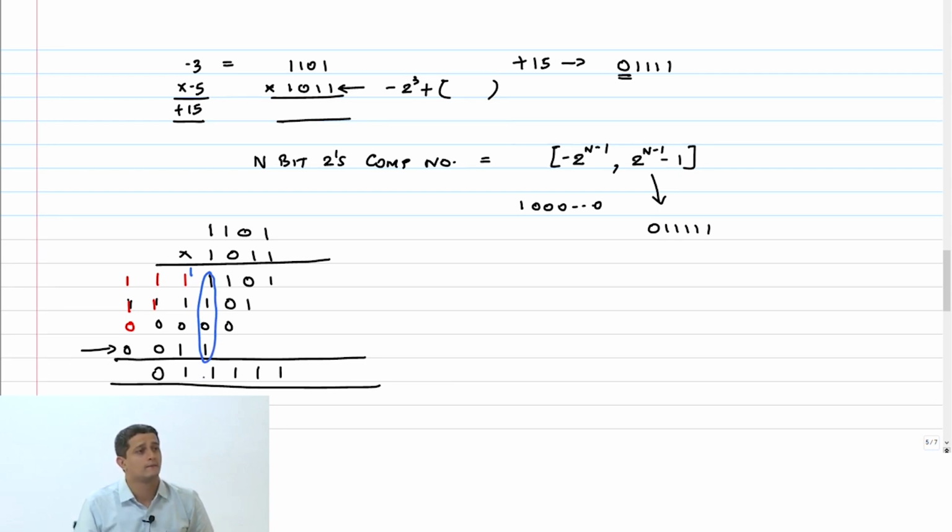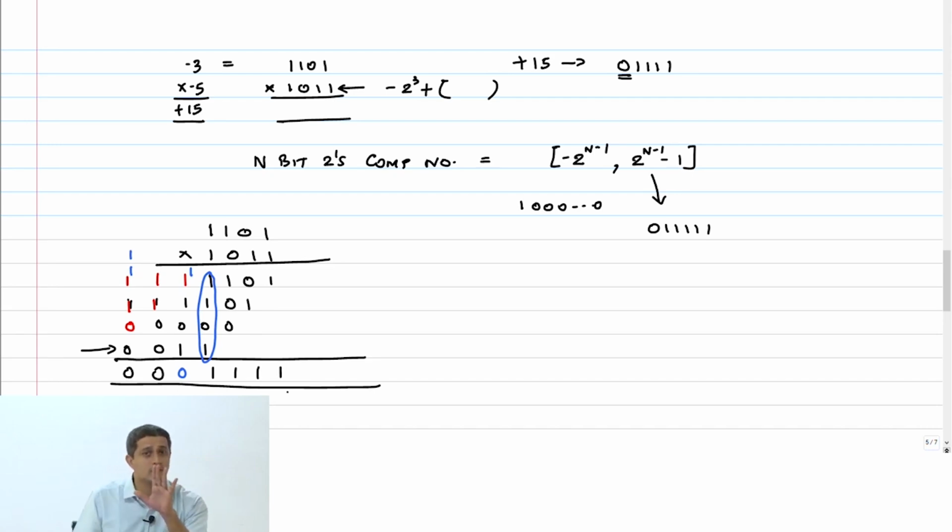What do I get? 0. Right? And the carry will go where? Here. Right? Now what do I get here? 1 plus 1? 0. I get a carry of 1 here. Now again I get 4 ones. Okay. So I get 0.